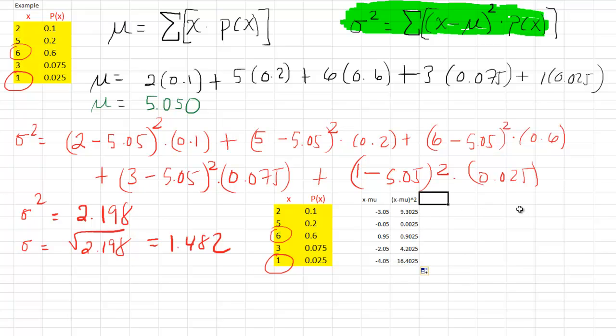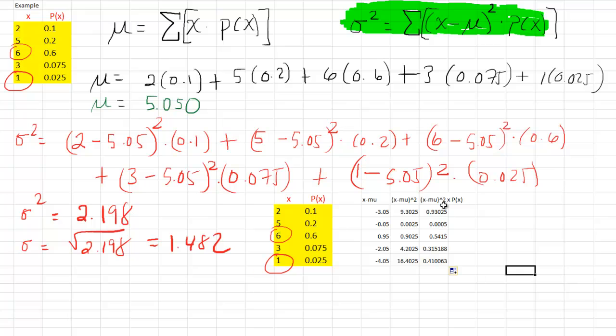And the last one will be x minus mu squared times p of x. So it's really this number, 9.3025 in the first one, which is x minus mu squared, times, which is star, this cell, N21, which is 0.1. 0.93025, and I just drag.